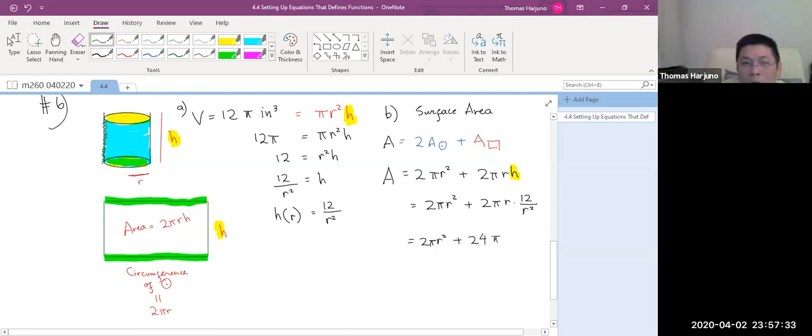Okay, 2 pi r squared plus 24 pi over r. Now this is our surface area as a function of the radius. Okay, now here's the note. In Calculus 1, they will ask you right away for the area in terms of the radius without asking you to write the height in terms of the radius.